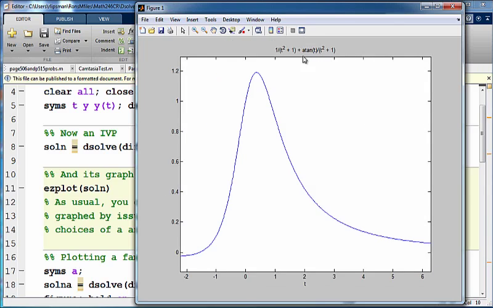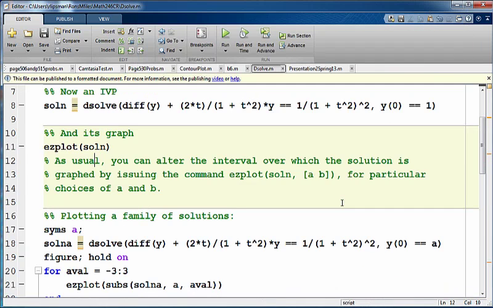Notice it's titled, and that's what the function looks like on the interval a little bit bigger than -2 up to 6 roughly. EasyPlot chose that as the interval of definition. But as usual, you can alter the interval over which the solution is graphed by issuing the command EasyPlot solution, but with a specified interval for any particular choice of a and b.